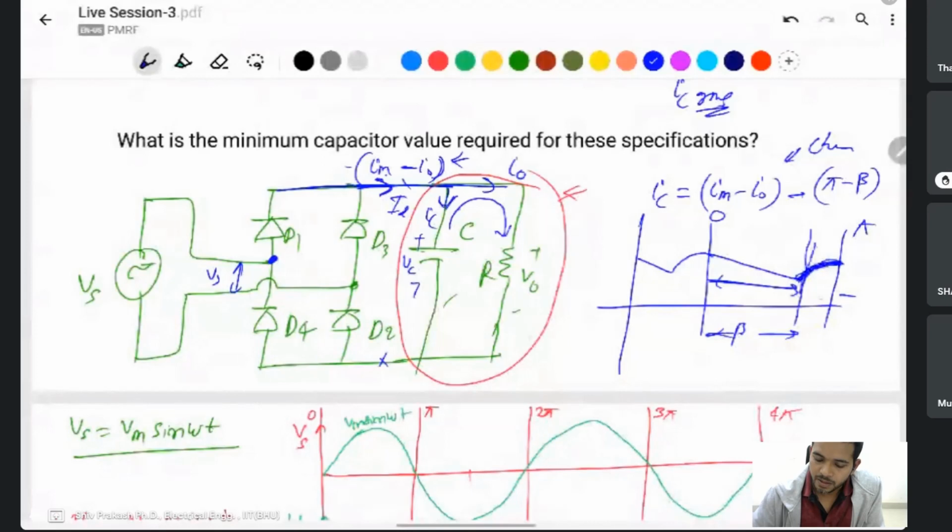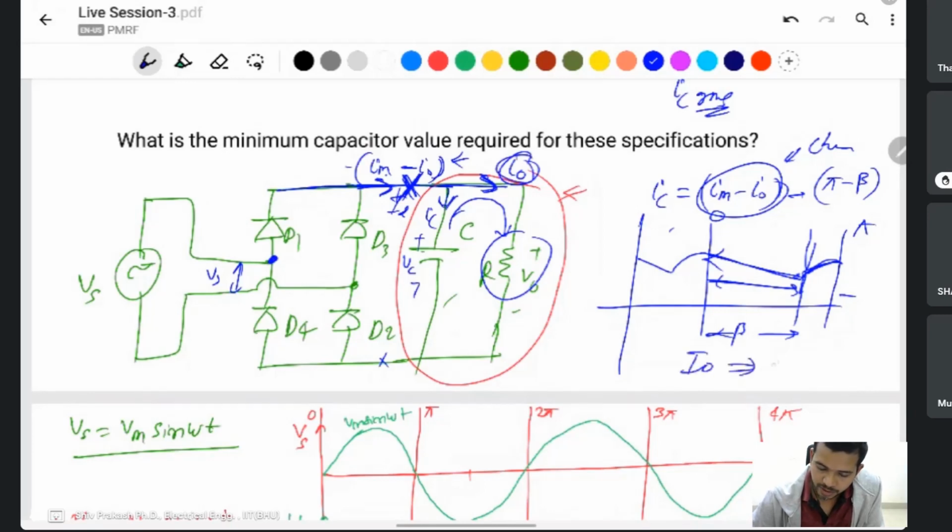Then when discharging, only the resistance is present. This is 0 at the discharging condition, only I naught is present, for the period of beta only.